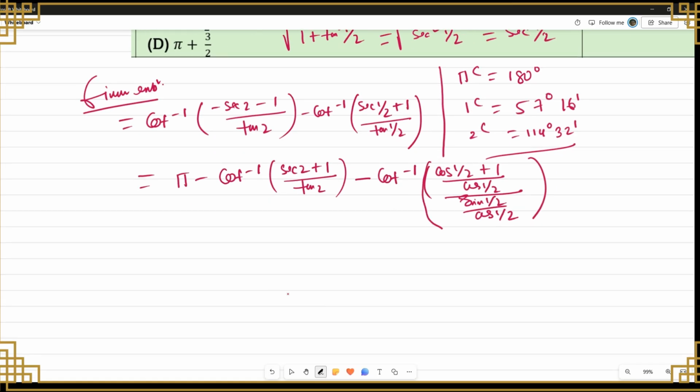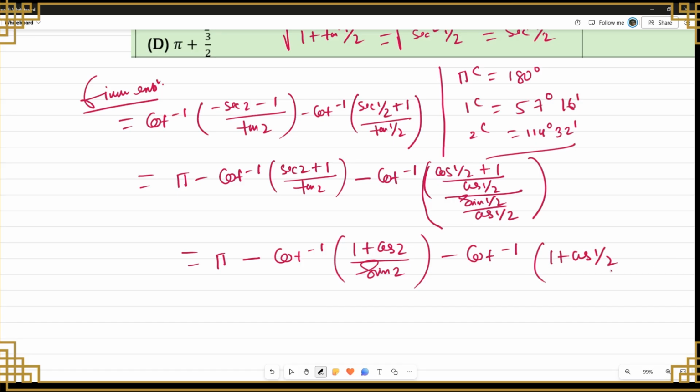So there it is going to be pi minus cot inverse, multiply by cos half both numerator and denominator. This will be cot inverse of 1 plus cos half, that divided by sin half. So this will be what?